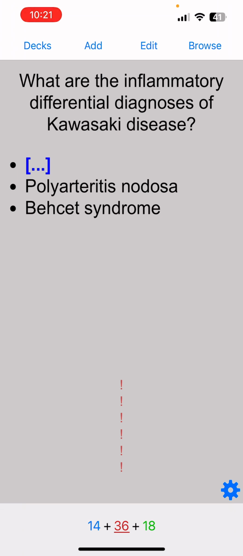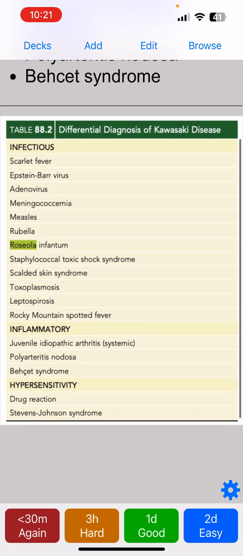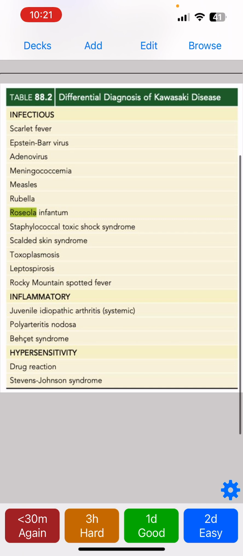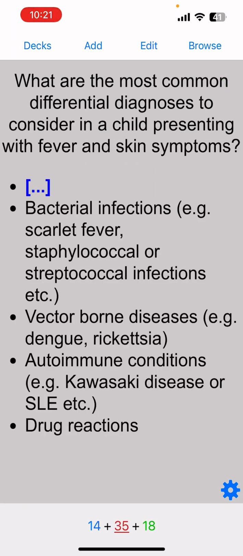Arthritis nervosa. SLE? Juvenile idiopathic arthritis. Okay. What are the hypersensitive drug reaction? I just saw that.